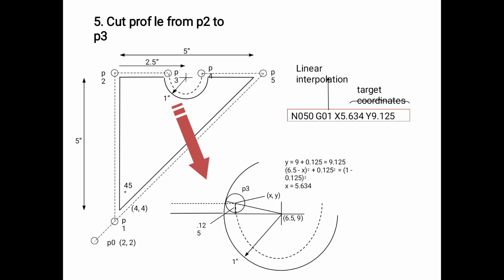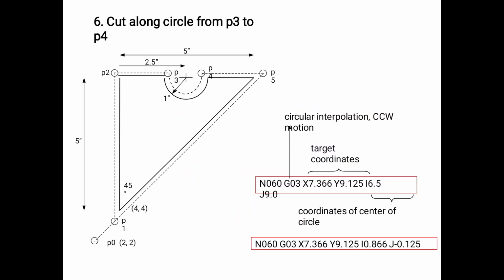The next line is P2 to P3 linear movement, and then cut along the circle from P3 to P4 with circular interpolation. For counterclockwise motion, choose G03, and the target XY coordinates and the coordinates of the center of the circle are shown in the command.